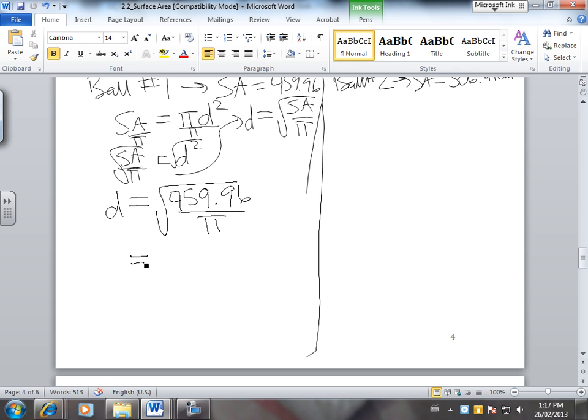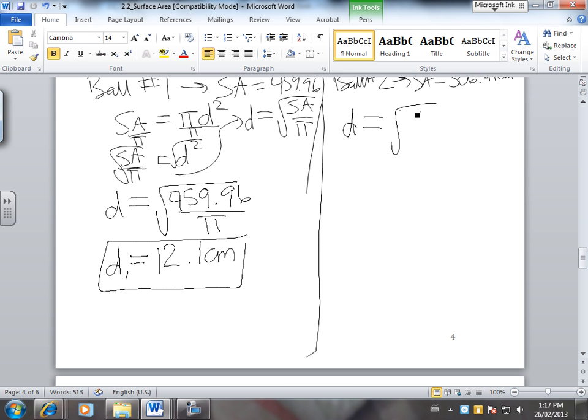So d will be 12.1 centimeters, the diameter of ball 1. And then over here we can use the exact same equation because we're looking for the same thing. So we'll have the square root of 506.71 over pi.